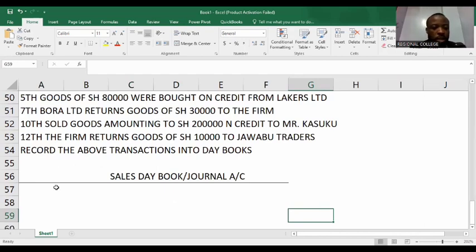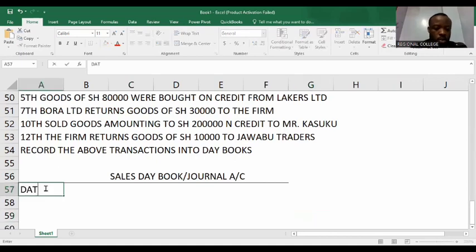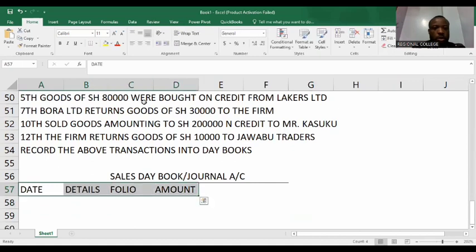So every transaction must be recorded on that period based on the day it happened. So you have to have the date, then the details of the things which happened on that day, then you can have something called the folio, then the amount. That is always the format that you're supposed to follow when preparing those things.